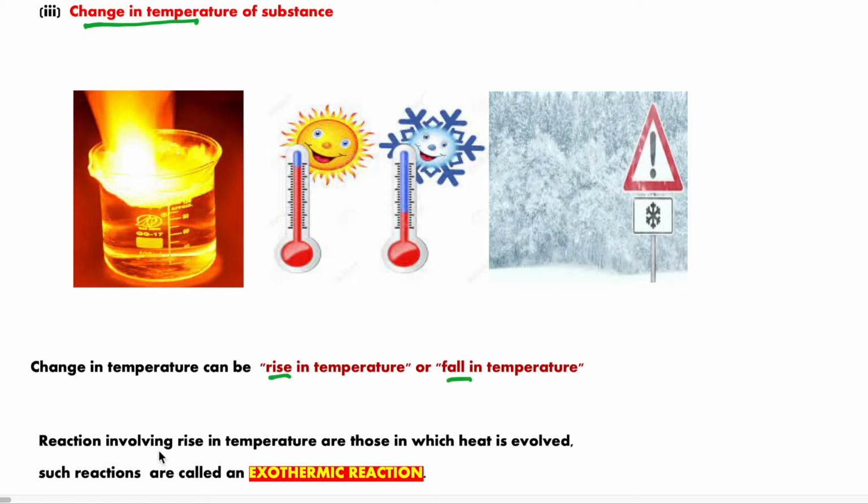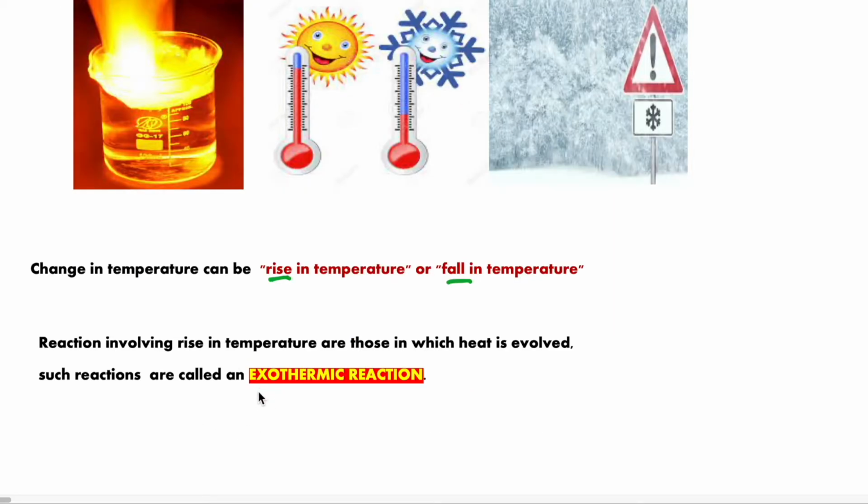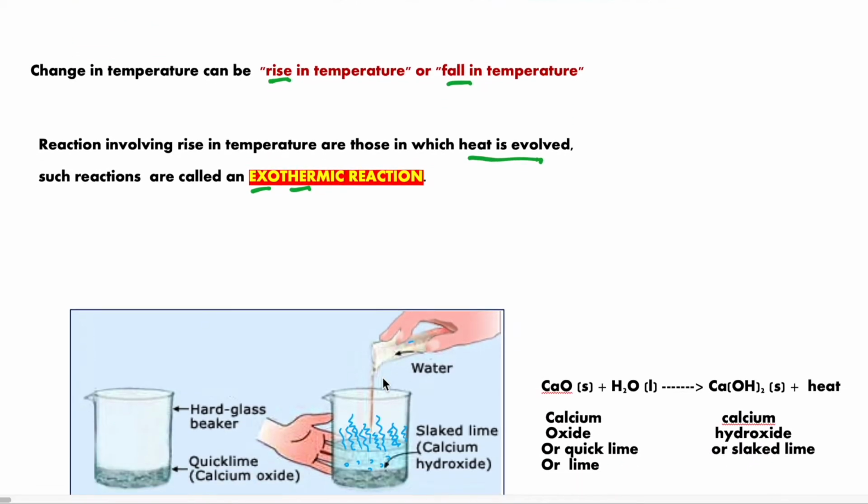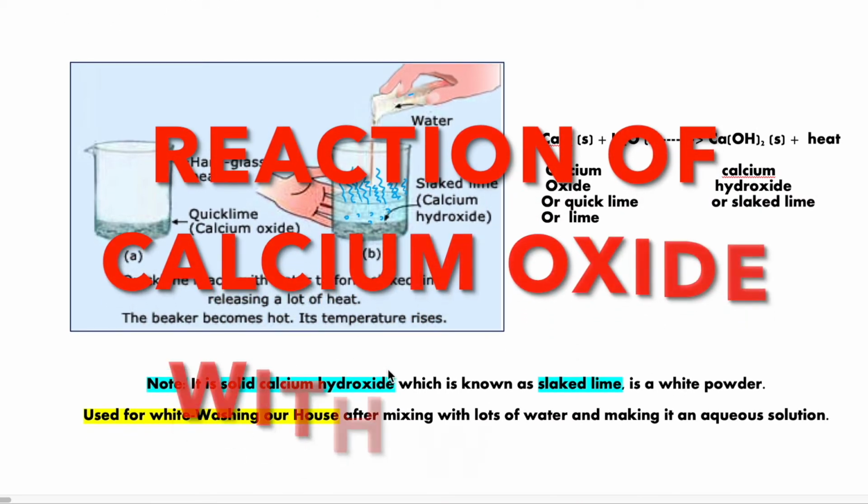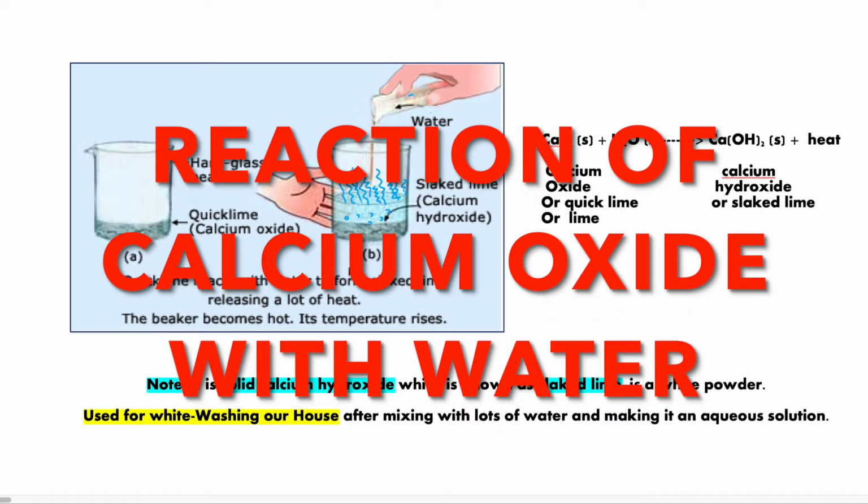So the reactions involving rise in temperature are those in which heat is evolved. Such reactions are called exothermic reactions, where exo means to give out and therm means heat. Let us see some examples of exothermic reaction where heat is given out.